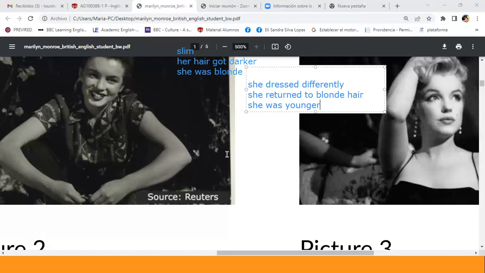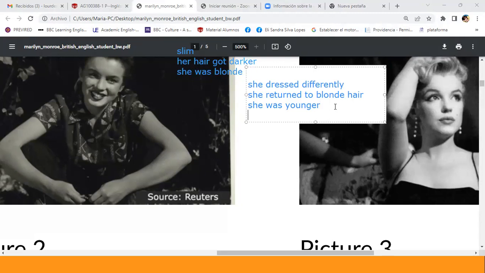For example, talking about weight. If you compare this picture and this picture, Alexis said that she was slim in this one. What about this one? Do you think she was as slim as in the other one? Or is it my impression? Because I may be wrong.